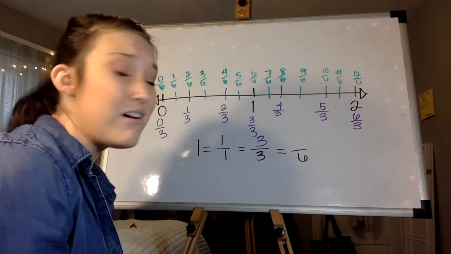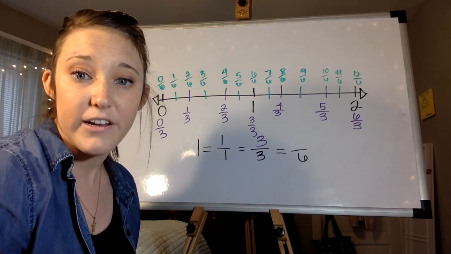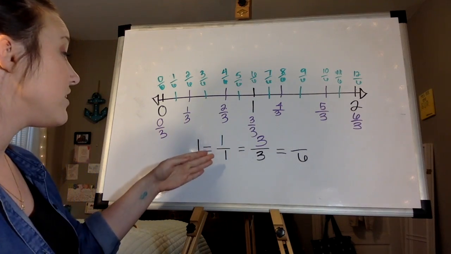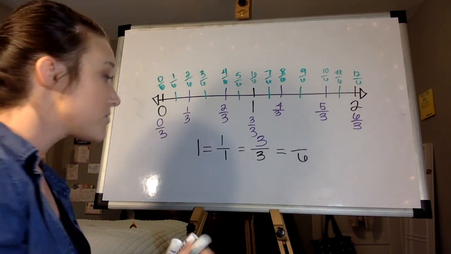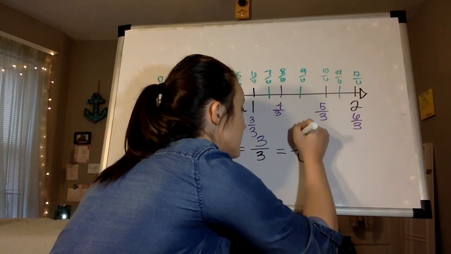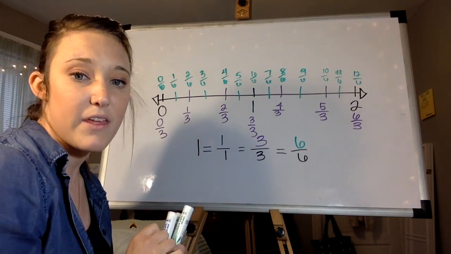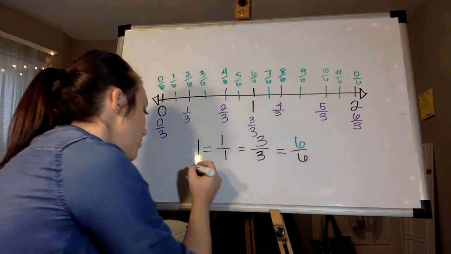Okay? Well, my top number line is talking about sixths. So not only is my 1 whole equivalent to 3 thirds, but it's also equivalent to 6 sixths. Okay? And we're going to do the same thing with 2 wholes.